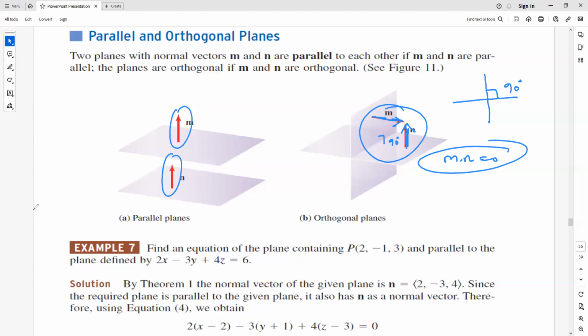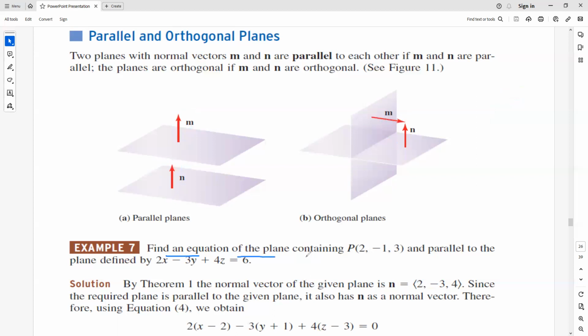Now see an example. Find an equation of the plane containing the point and parallel to the plane defined by this equation. So we are given a point; let's say this is the plane, or we can just look at the figure given here. A point is given on the plane, that is 2, -1, 3, right?